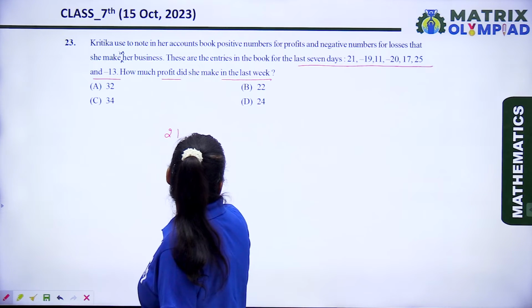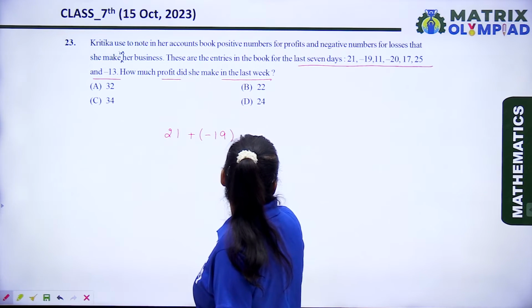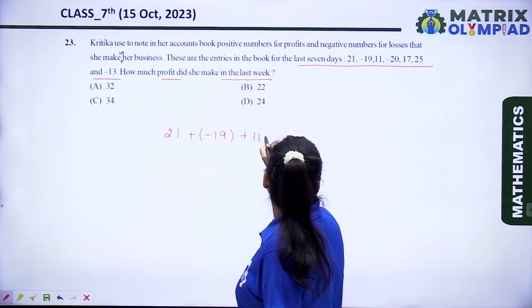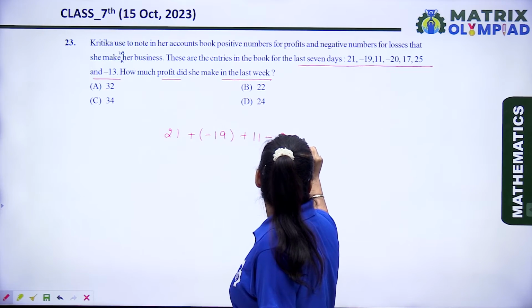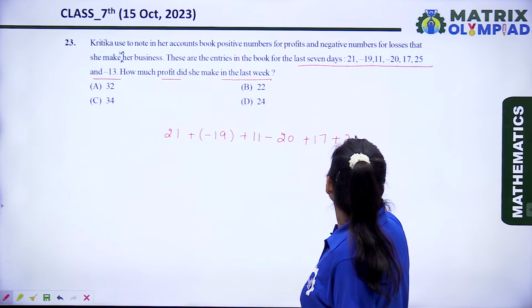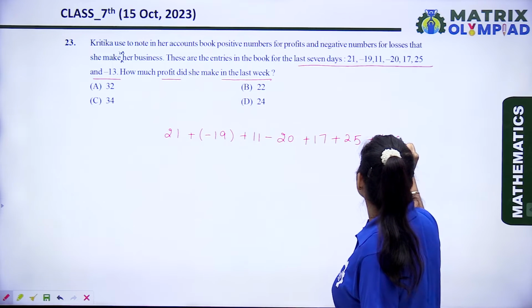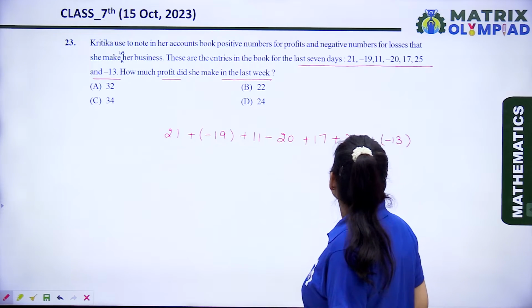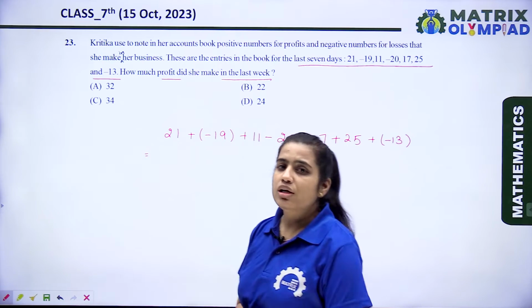So here 21 plus negative 19, positive 11, negative 20 plus 17 plus 25 and here negative 13. So here what we are going to do, we are going to add them all.